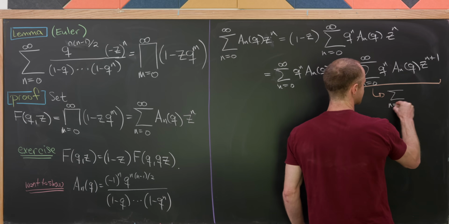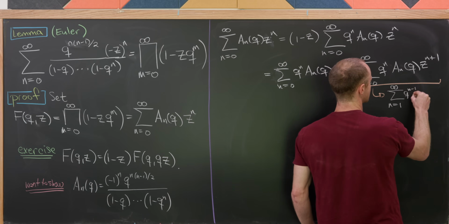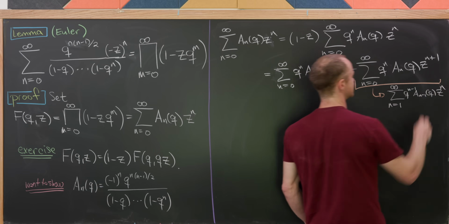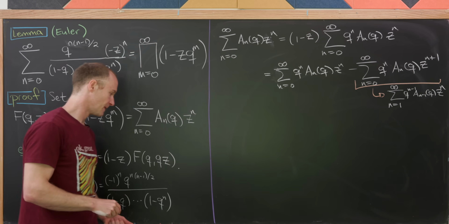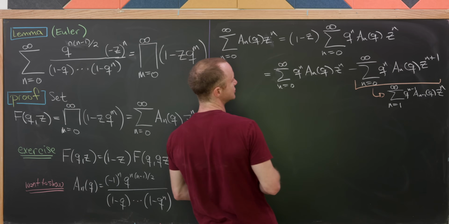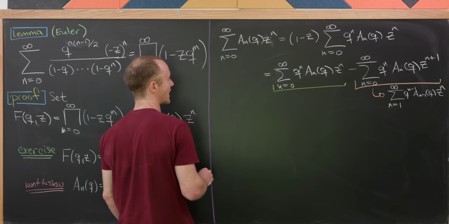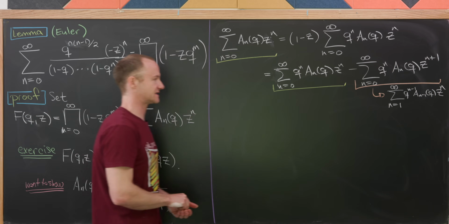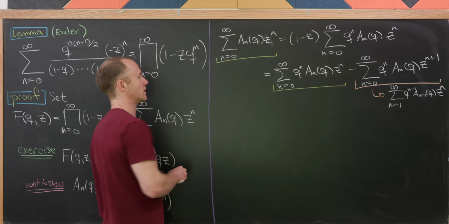So here we're going to have this is the sum as n goes from 1 to infinity, q to the n minus 1, a n minus 1 of q times z to the n. Okay, good. And then next up, what we'll do is take this thing that I have over here on the right-hand side, underlined in yellow, move it over to the left-hand side, combine those two terms, and then we've got something we can work with.